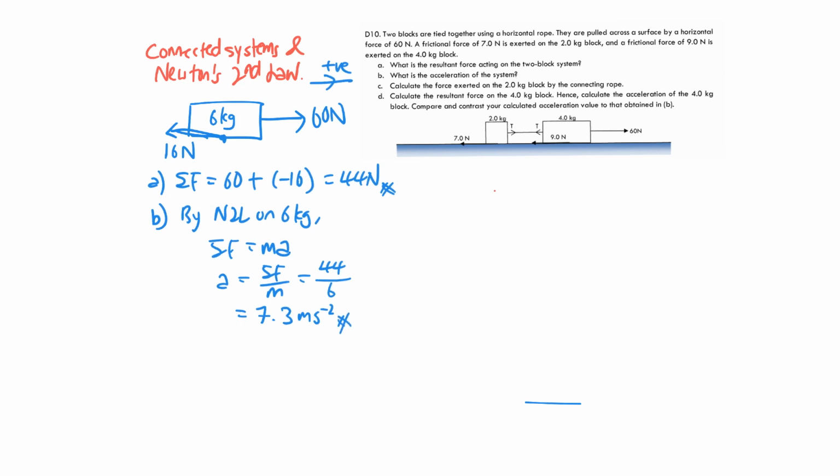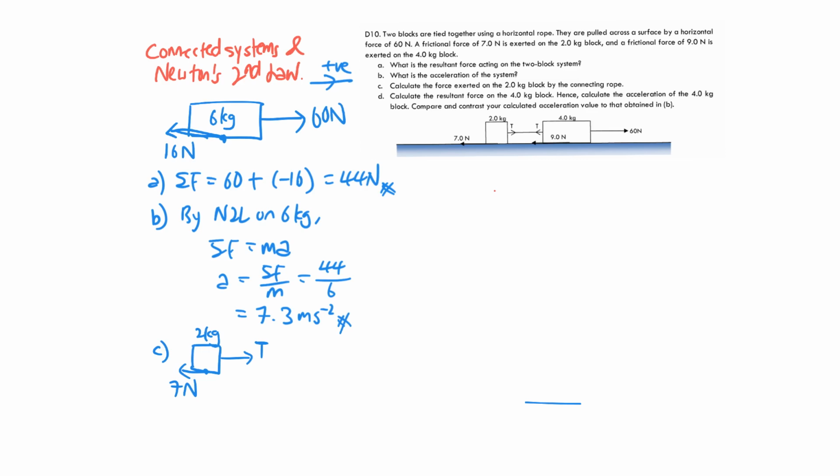In part C, you have to find the force exerted on the 2 kg block by the rope. So let us draw an FBD of the 2 kg block with this tension force being our objective. A frictional force that is applied on this box is 7 Newton.